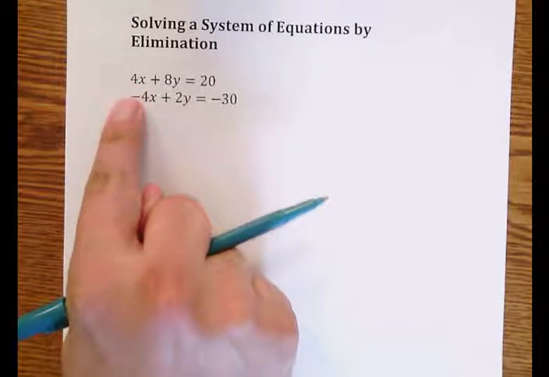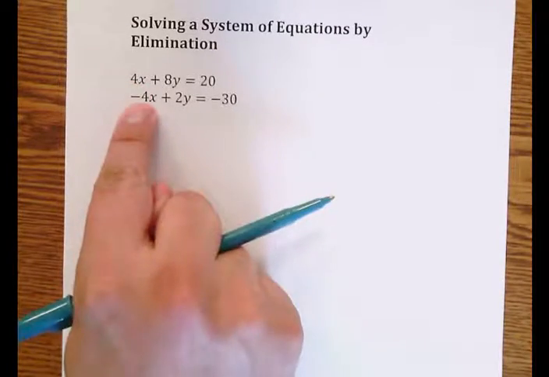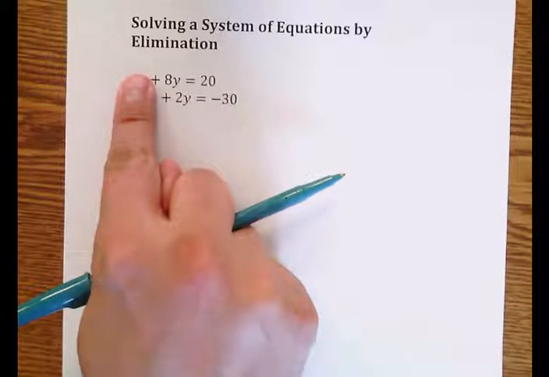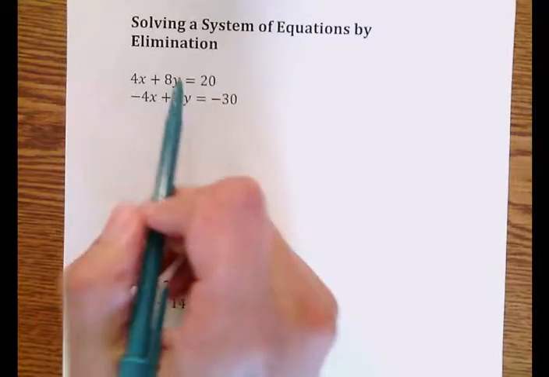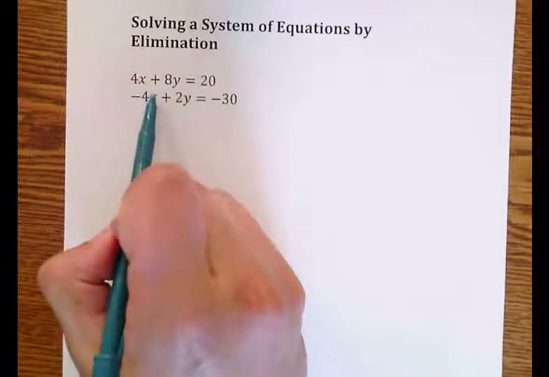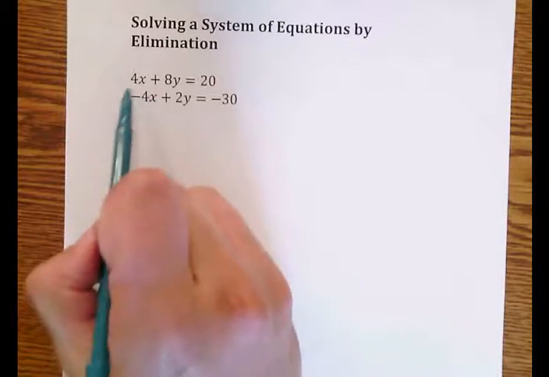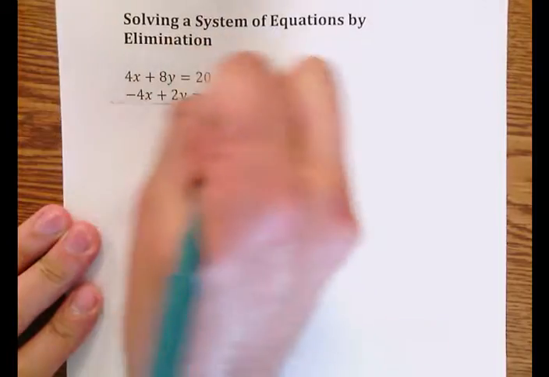So I have 4x minus 4x. If I combine these two, 4x minus 4x goes to 0x, which is 0, which means the x's eliminate. That's what we're looking for. We're looking for the same number in front of the variables, except one needs to be positive and one needs to be negative. So this one's already set up really well for elimination.